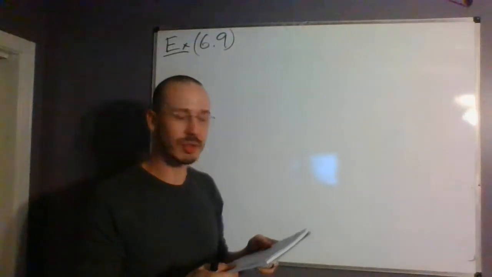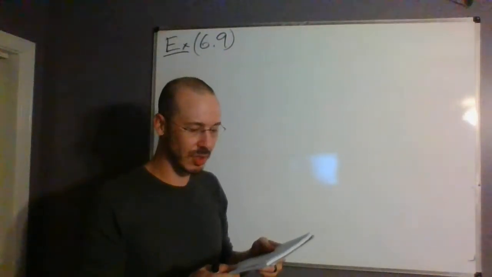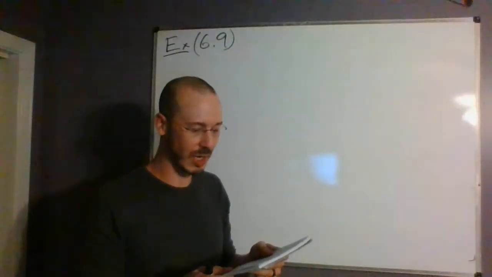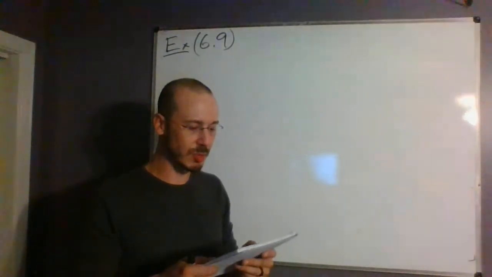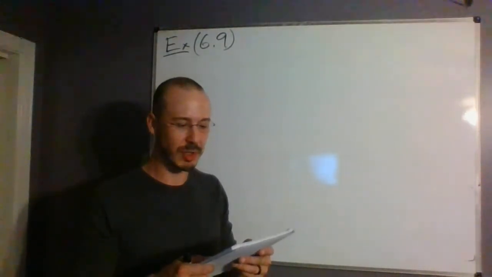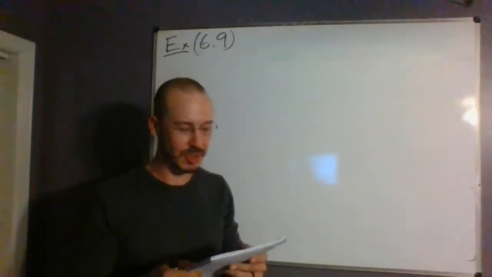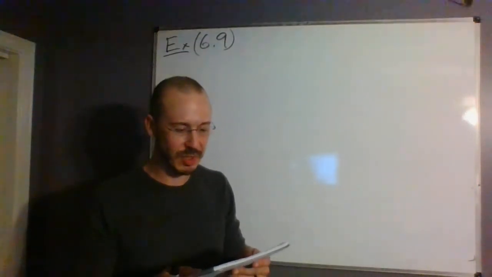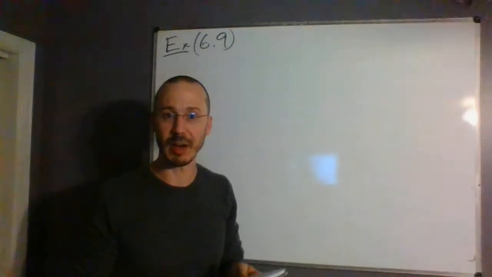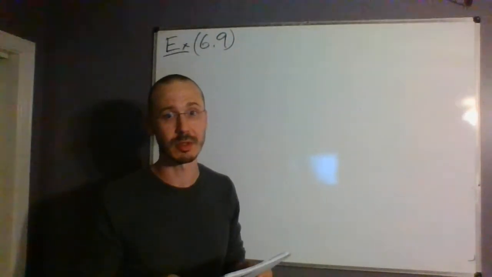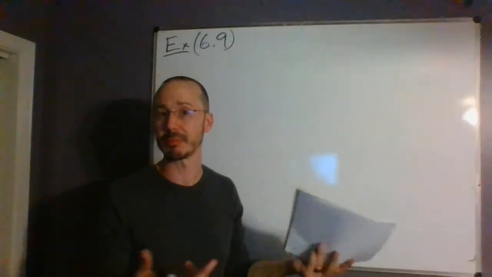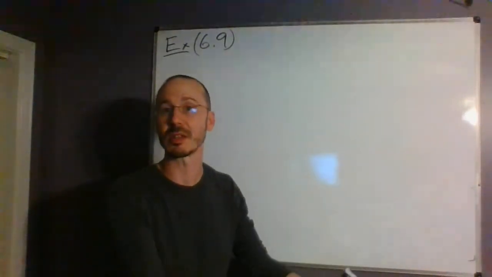So it says a personal computer is used an average of 2 hours per day for entertainment. Assume that personal computer entertainment use time is normally distributed with a standard deviation of 1/2 hour. So that's kind of hard to follow from a verbal description. And they put it like that intentionally. They put it as sentences.